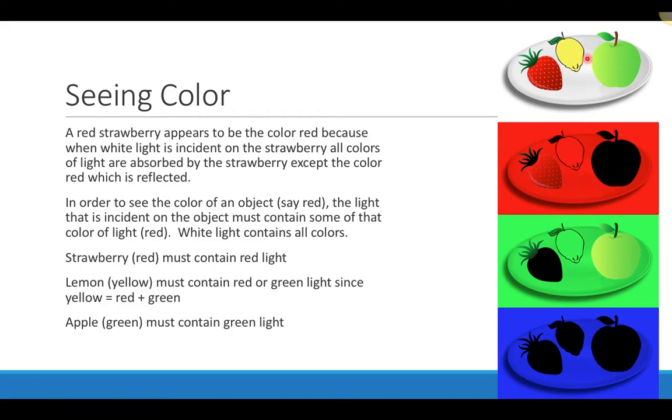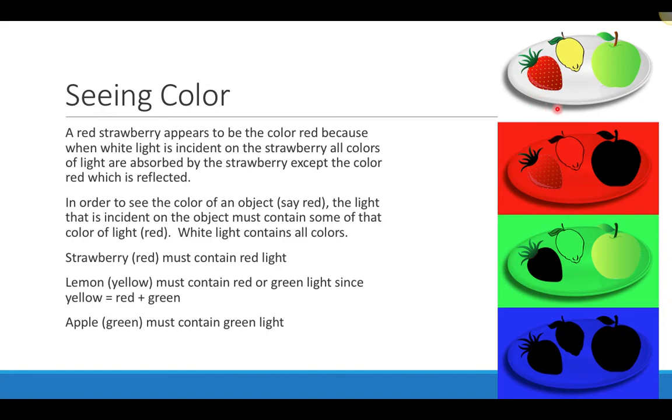In order to see the yellow lemon, remember a lemon is yellow. Yellow is made up of red and green. So if I want to see this as yellow, some light that contains red and green is going to have to reflect off of that lemon for me to see it as yellow. So let's think about what's happening.